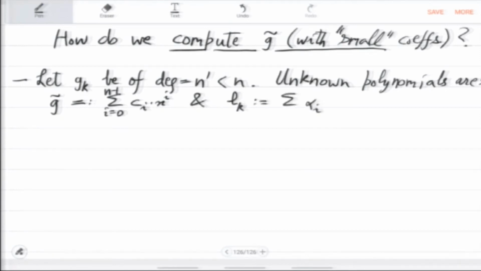Let's give it the coefficients alpha i. And g tilde is gk times Lk, right? So g tilde has degree n minus 1 at most. So Lk will have degree n minus 1 minus n prime.